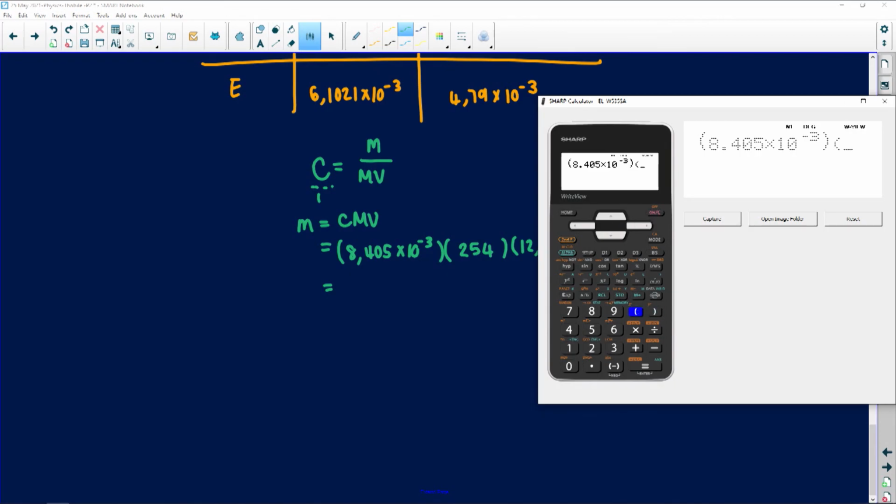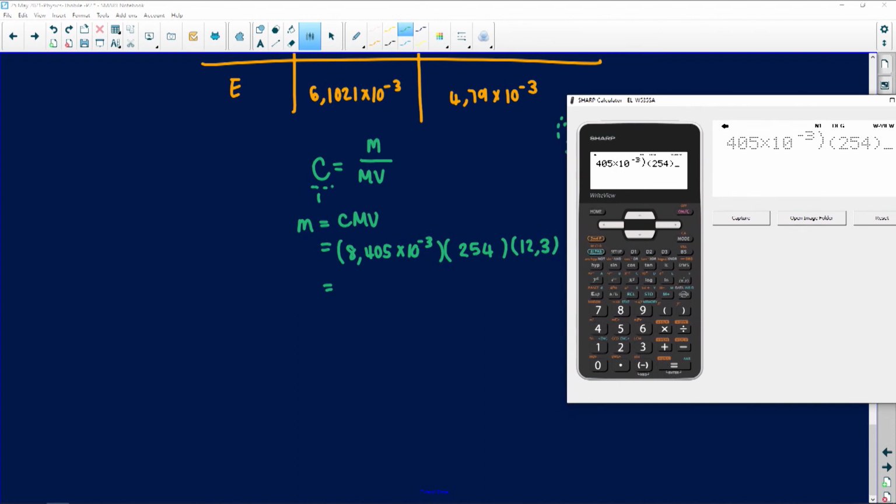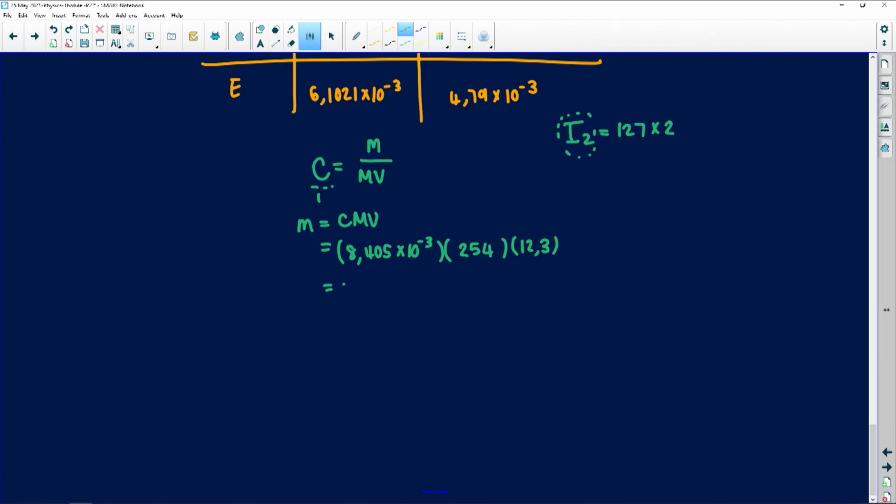That is the initial concentration, 254, and I must multiply it by the volume of the container, which is 12.3, equal to, and therefore I get 26. Remember, the third number will change this one to a 6. So I'm going to get 26.26. The SI unit for m is then a small g.